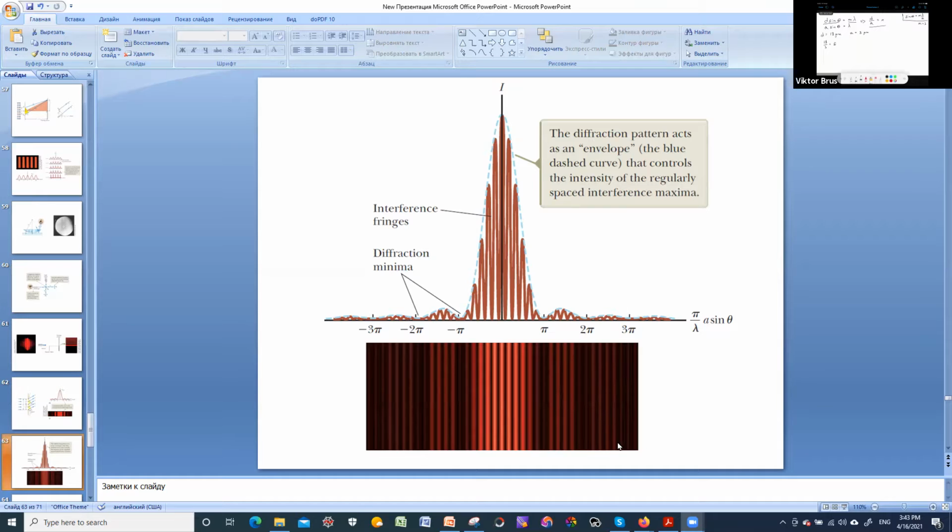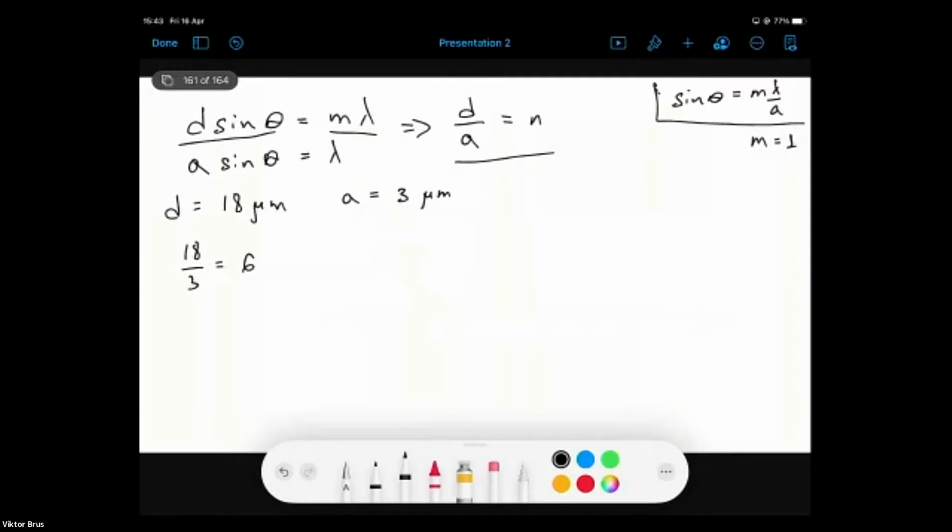Okay, so this is the introduction of diffraction at a single slit and double slits.